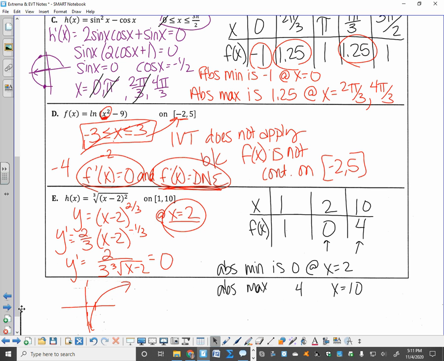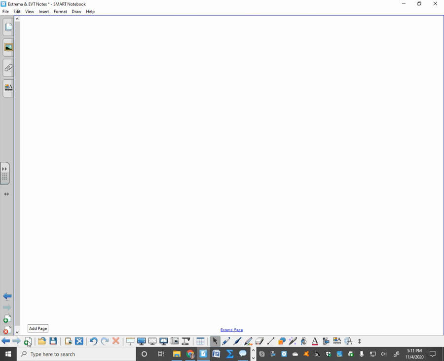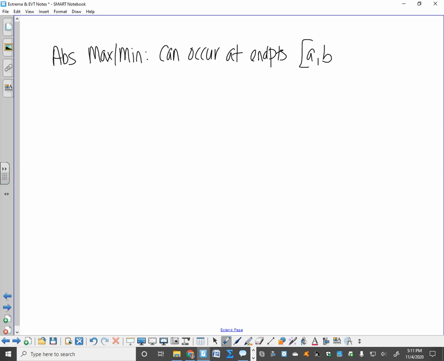Okay. Let's take a second, shall we? Let's talk about absolute max and min. They can occur at endpoints. So that is a closed interval. Relative max and min, not at endpoints.